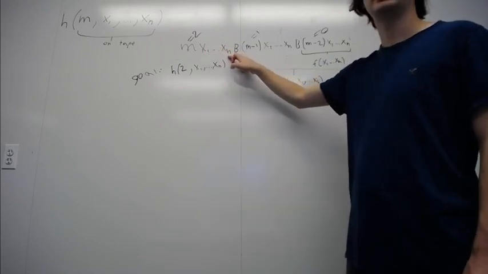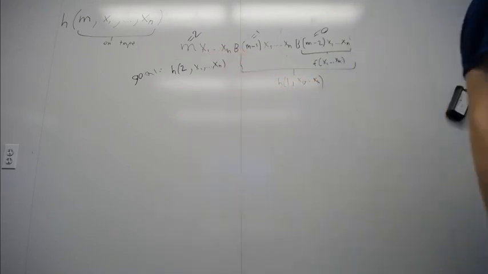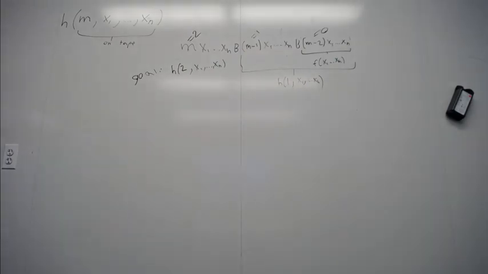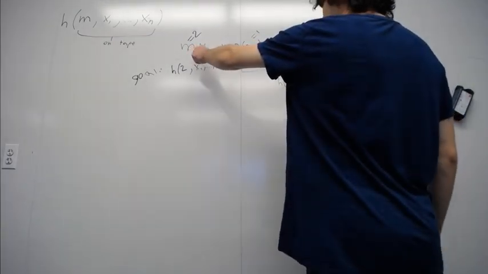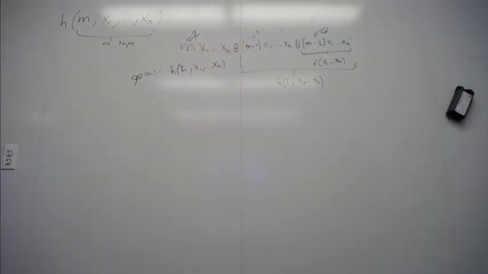But notice gn is this, so g of n, and the n is the same n as the one in the h, which is true.